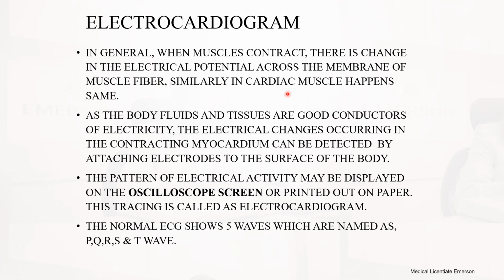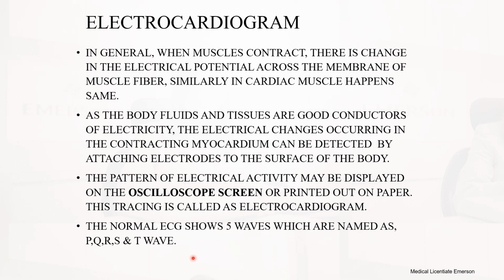As the body fluids and tissues are good conductors of electricity, the electrical changes occurring in the contracting myocardium can be detected by attaching electrodes to the surface of the body. The pattern of electrical activities may be displayed on the oscilloscope screen or printed out on paper. This tracing is called the electrocardiogram, or ECG for short.